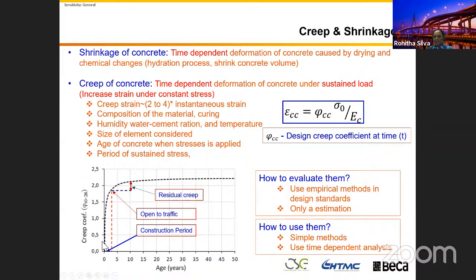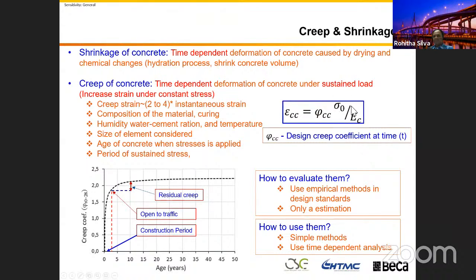I just put this diagram, which is not the exact figure, a representative diagram for you to understand. The creep and shrinkage will increase over time. The way we account for this is using the initial strain in the mathematical model.